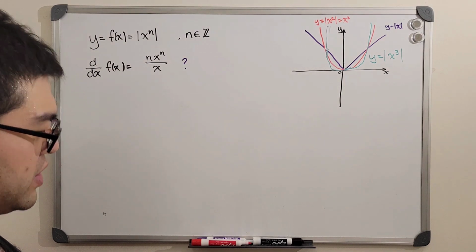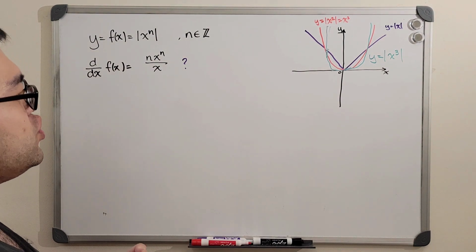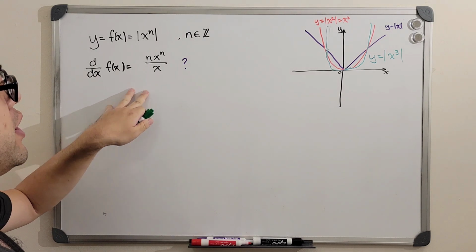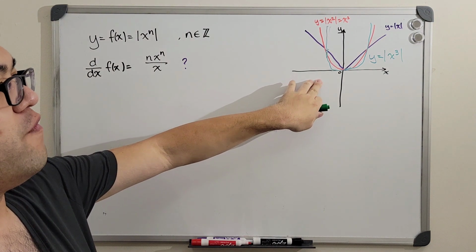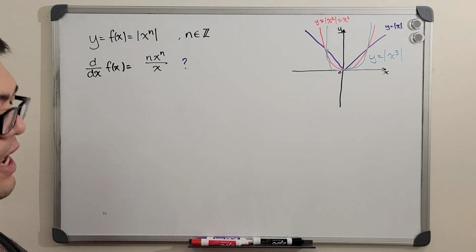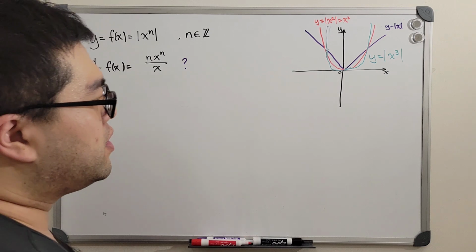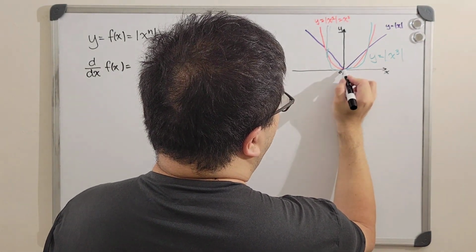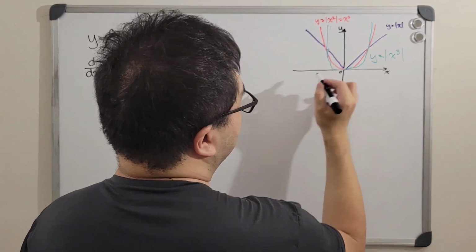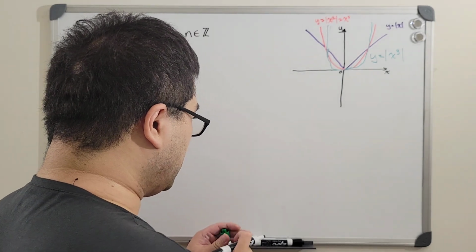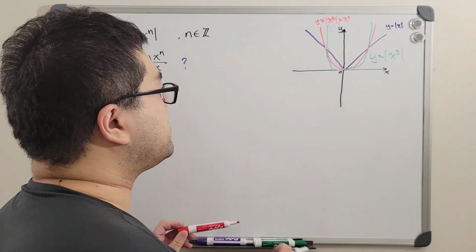Now, if we are just trying to ignore the geometry, the algebra here, and look at the shape of those power functions with absolute sign other than the linear function, we actually see that when it's approaching 0, the tangent line is actually having the slope equal 0 as well.